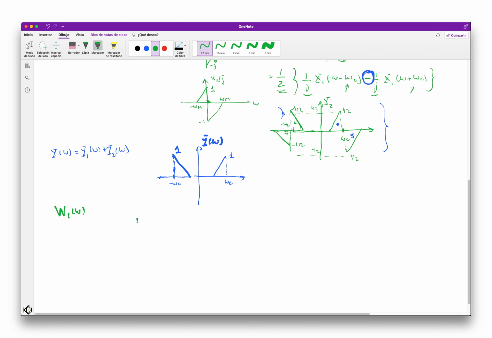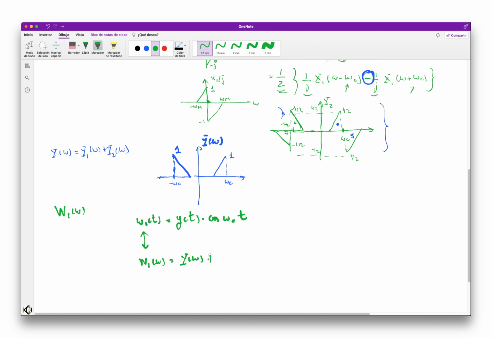So what we know is that in time, as we can see in the diagram, y1(t) is y(t) times cosine of omega_c t, and the Fourier transform of this will be Y1(omega). And we know it will be the Fourier transform of y(t).